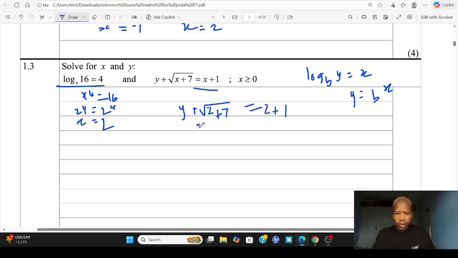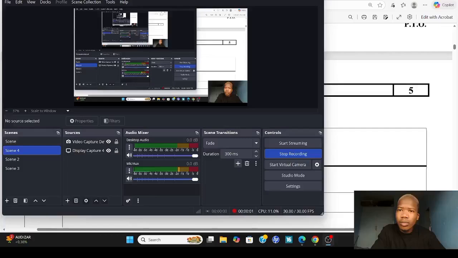So we know it's y plus the square root of 9 is equal to 3. So the square root of 9 is the same as 3, right? So y plus 3 is equal to 3. Then if we transpose, we know that the value of y is equal to 0. So our solution here is x is equal to 2 and y is equal to 0.